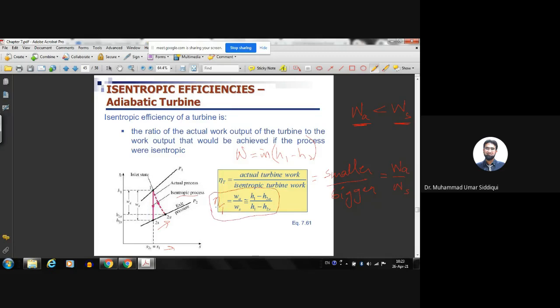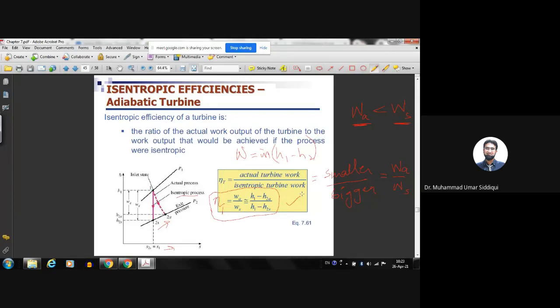So the isentropic efficiency of the turbine is defined as change in enthalpy for the actual case divided by change in enthalpy for the ideal case. And the actual case will always be smaller than the ideal case, so efficiency will always be less than 1. So this is how we define the isentropic efficiency for the case of a turbine.